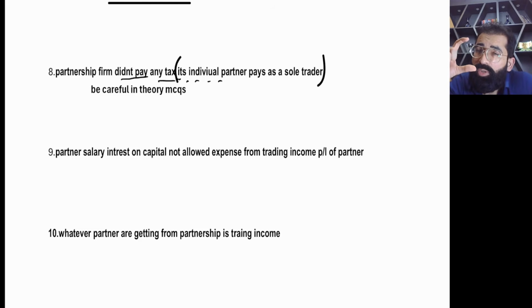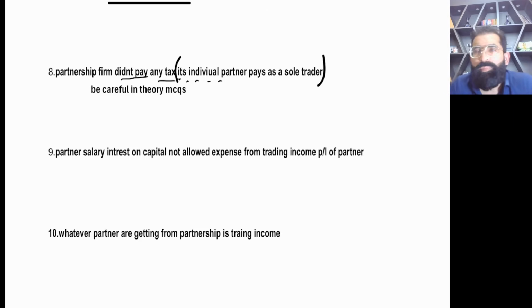Calculate the total profit packet for each partner, and then apply trading income rules on it. Okay, right? So be careful. In theory, if they say the partnership firm pays this much tax, this is not possible. Each partner pays tax as a sole trader.